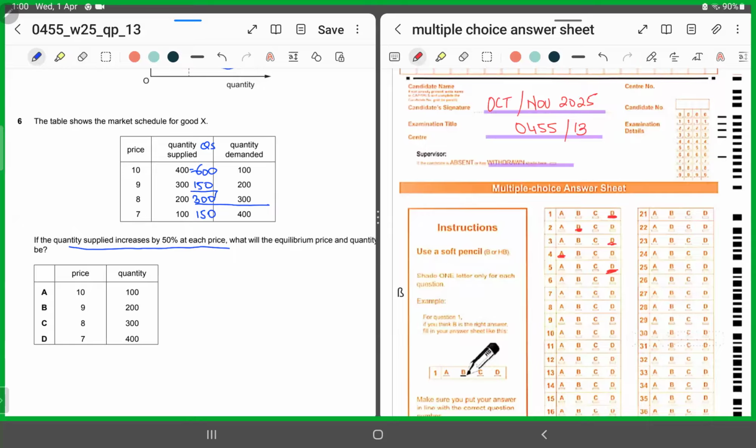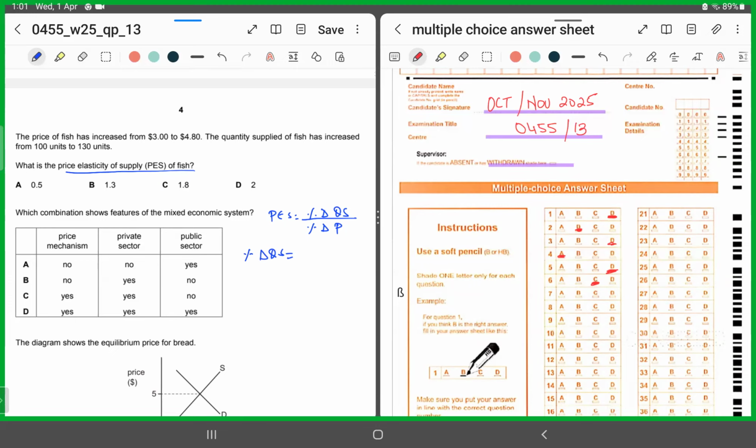It would be the new quantity supplied minus the old, divided by the old, into 100. So, quantity supplied of fish has increased from 100 to 130. So, the new quantity is 130, initial was 100, divided by the initial, which was 100, into 100%, right? So, this means it's 30.